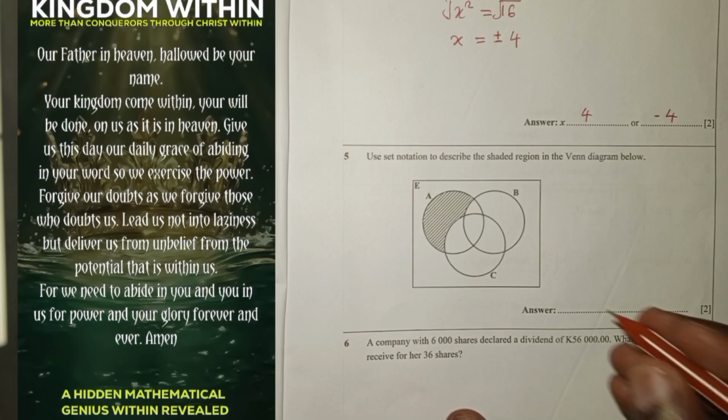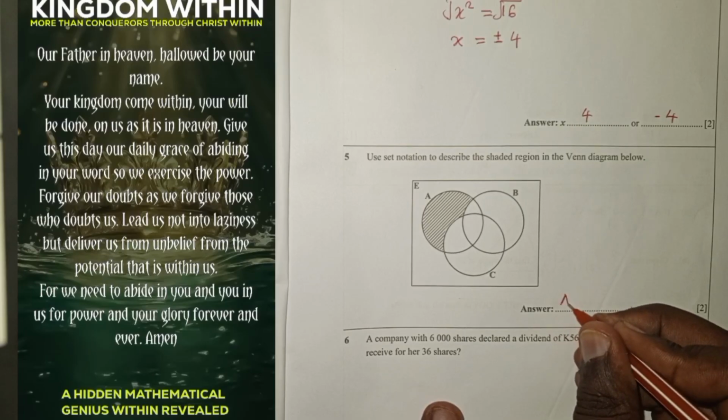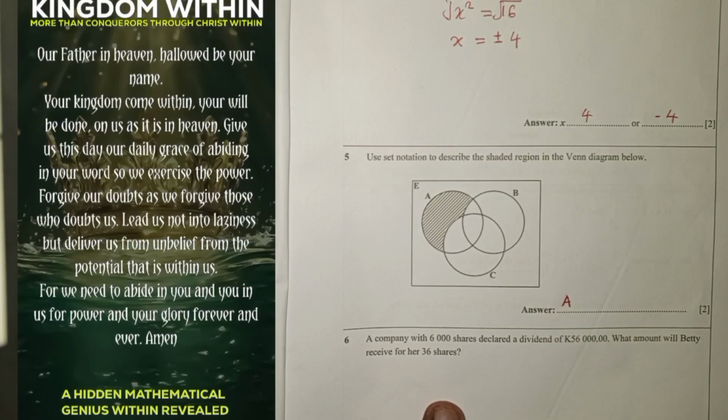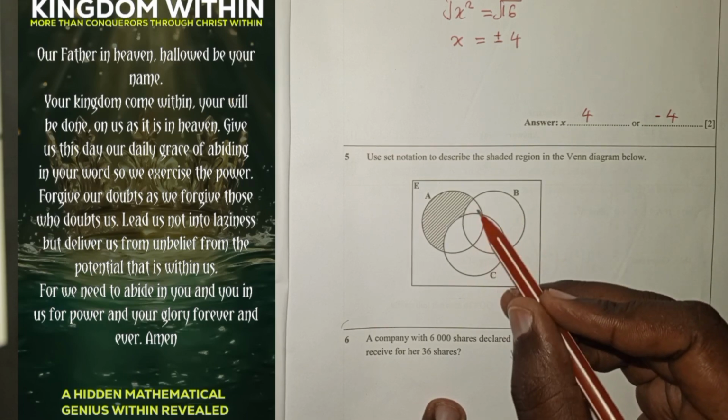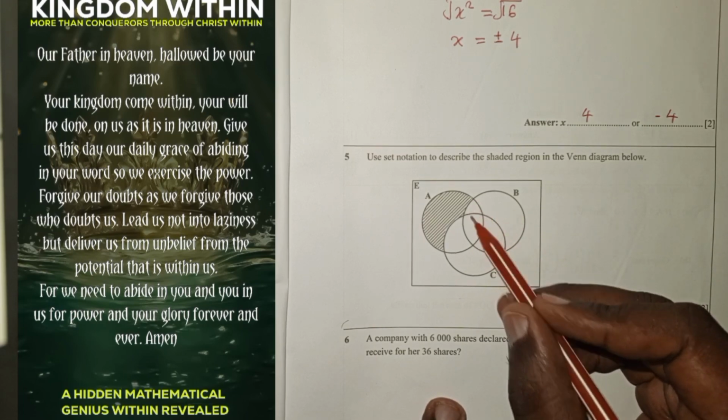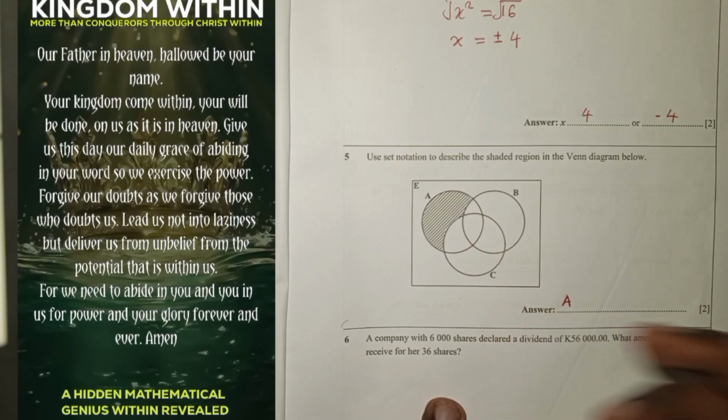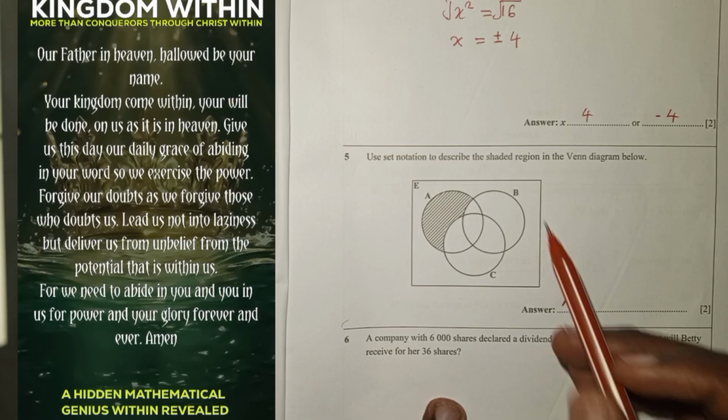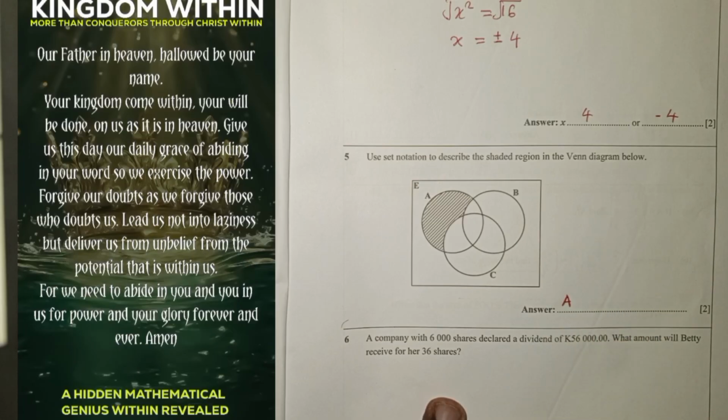So we start with A. We can see set A is shaded, so that is A. And again, we can see that there is a part of A which is not shaded, which includes set B and C. Meaning, from set A, we need to subtract B and C. So the combination of B and C, that is B union C.